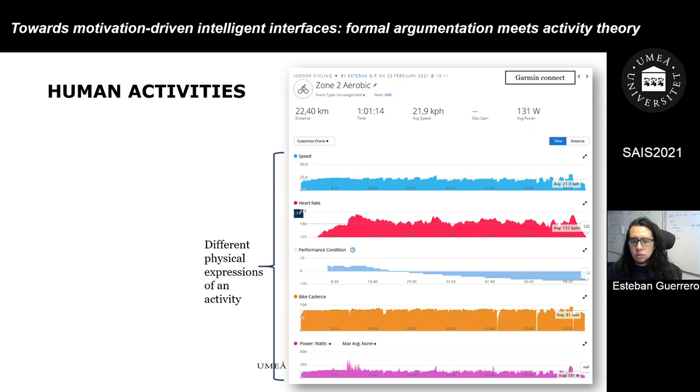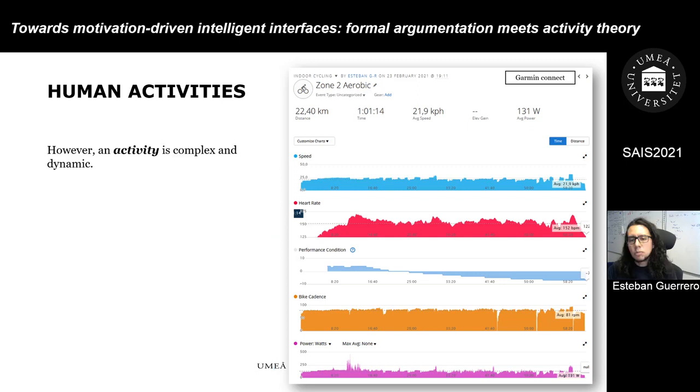Those expressions are pieces of the human activity. For instance, if I'm cycling, I can see the speed, the power, the different processes connected with this physical activity. However, we know that human activity is more complex and dynamic than that.